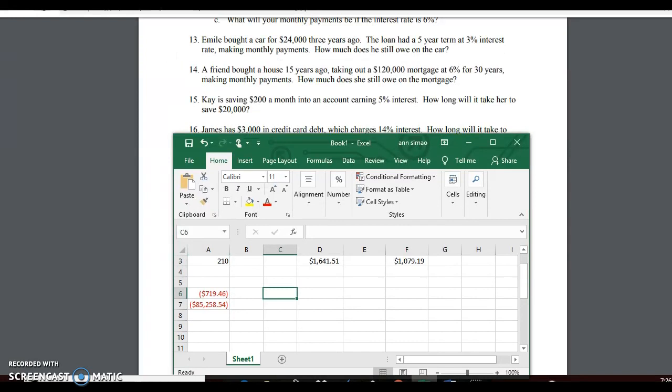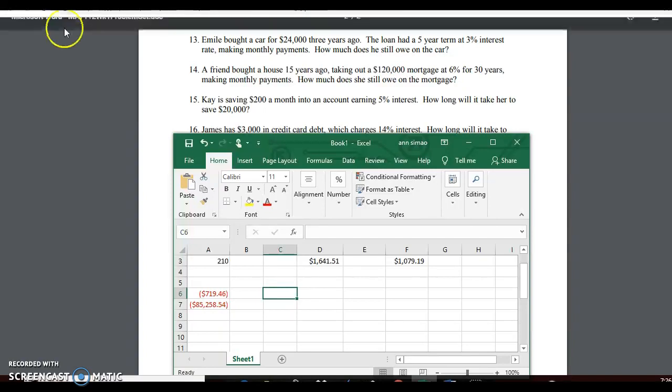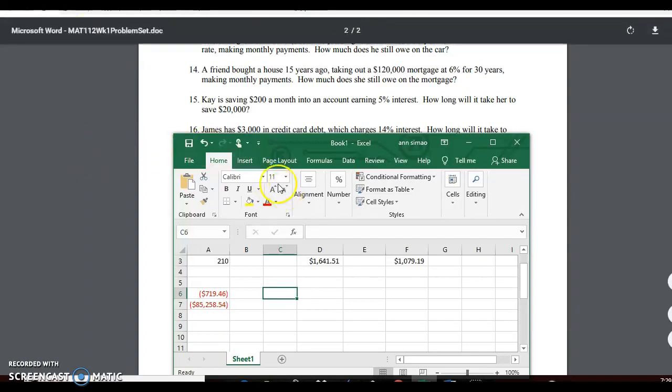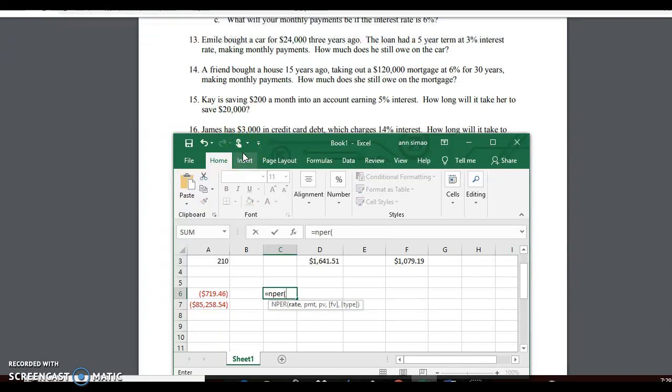If we look at something like 15, Kay is saving $200 a month into an account earning 5% interest. How long will it take her to save $20,000? So we're looking for the time at this point. What I need to do for 15 is we need the number of payments equals NPER. My rate is 0.05 divided by 12 because it's monthly, comma, my payment.